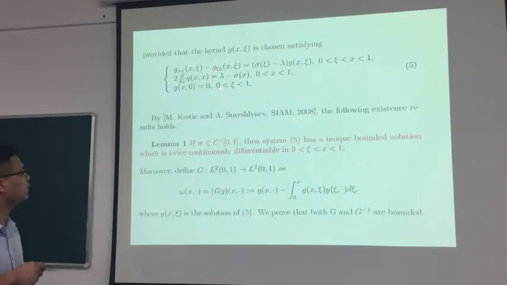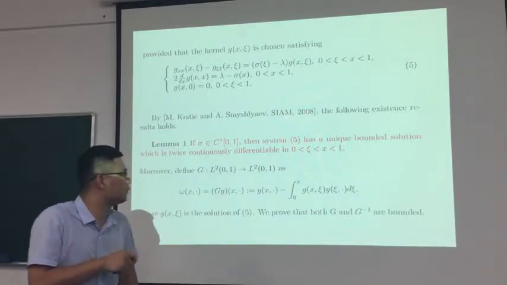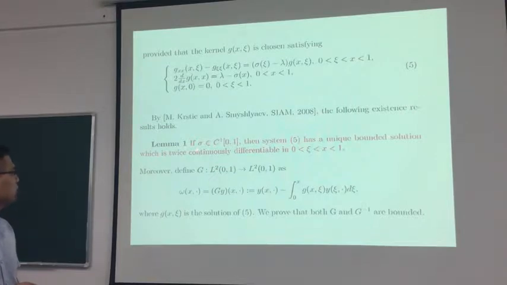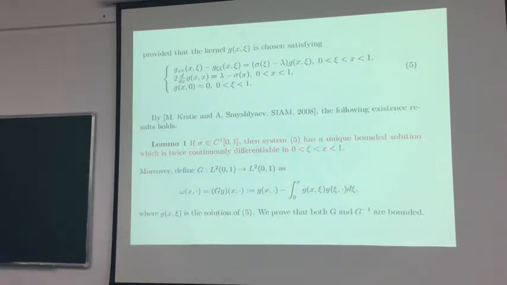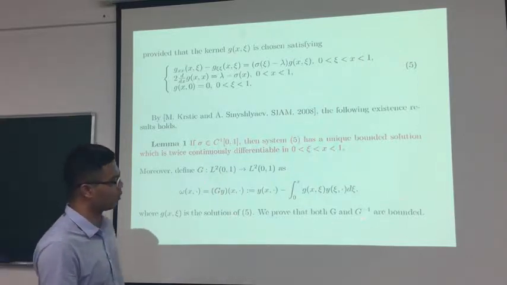Okay, from this transformation, we can show that the kernel should be governed by the following hyperbolic PDE. And from the results in this book, the following results hold. If sigma is a continuously differentiable function, the system 5 has a unique bounded solution. Moreover, if we define the integral transform as the operator G, we can prove that both G and its inverse are bounded.